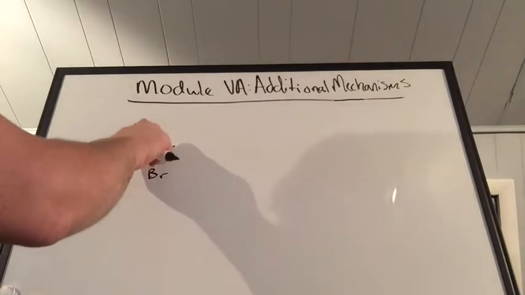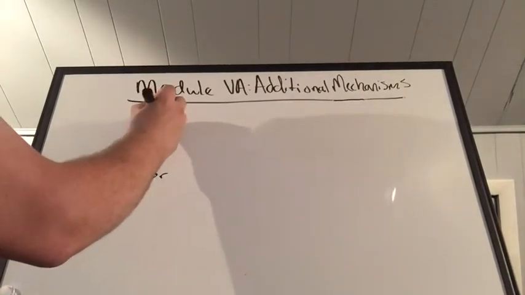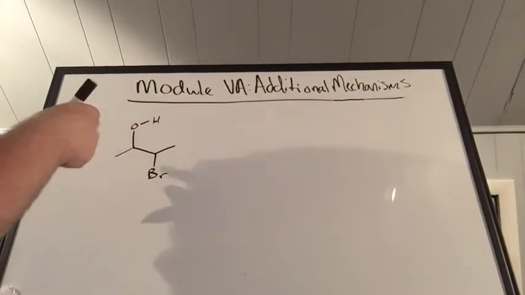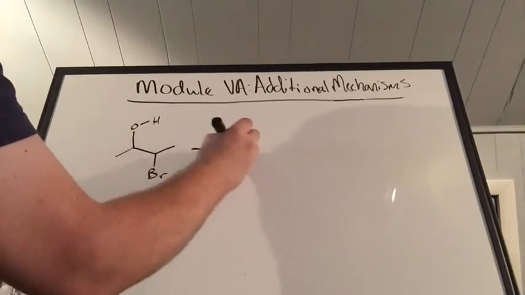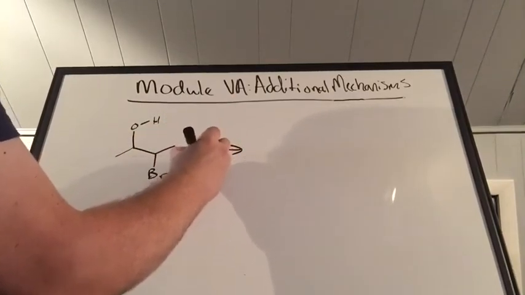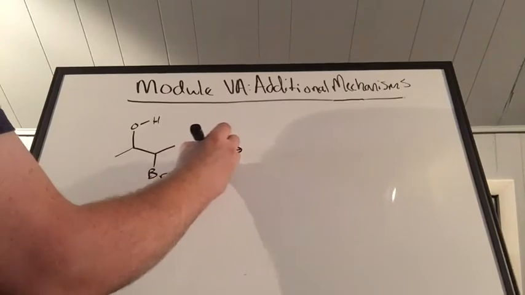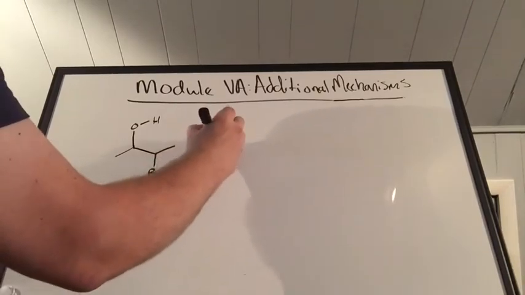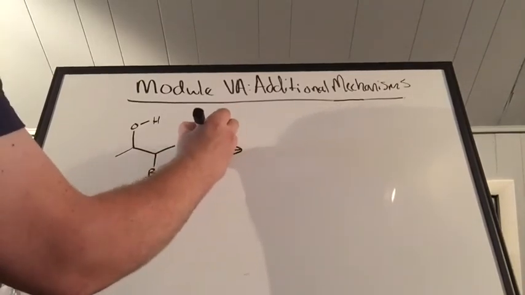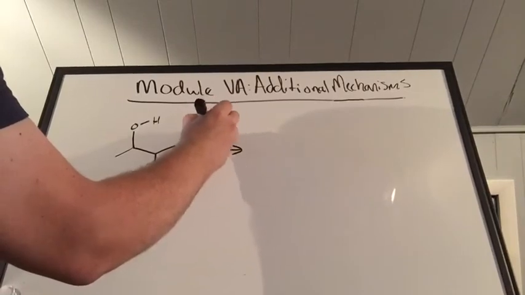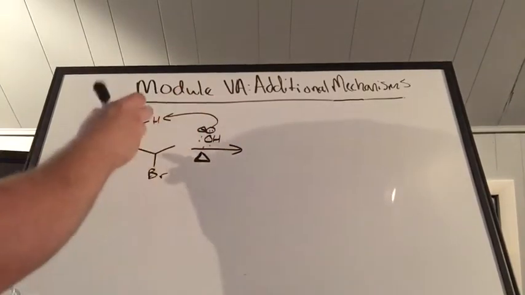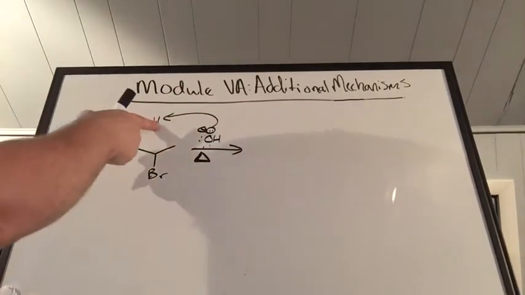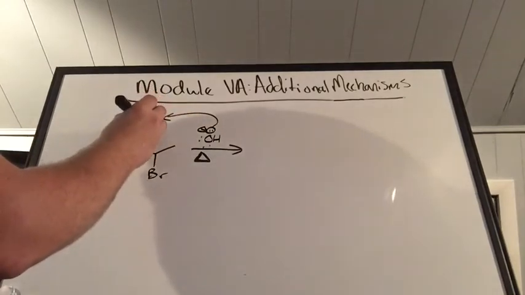Now, if you have a strong base and you treat this in the presence of heat, say OH minus, it's going to be in equilibrium with picking apart this hydrogen here.